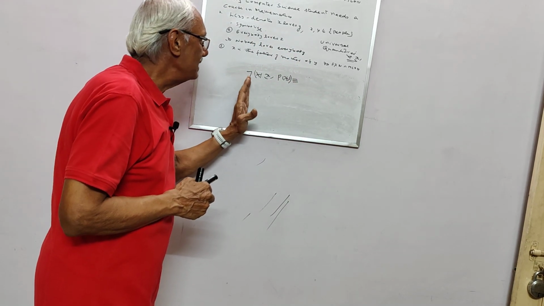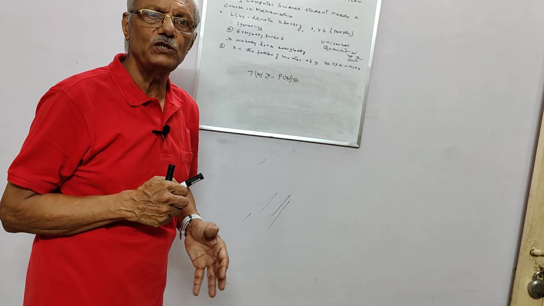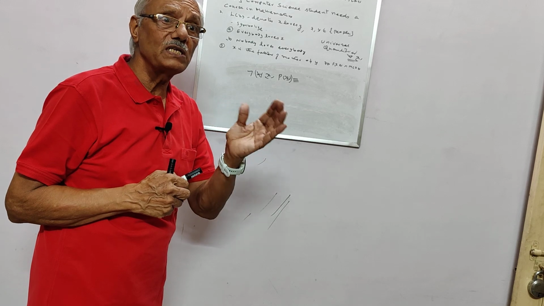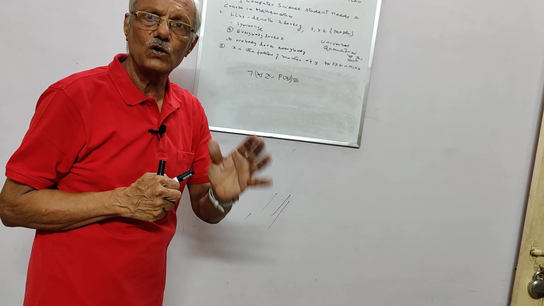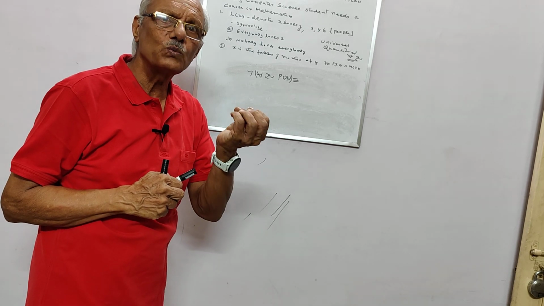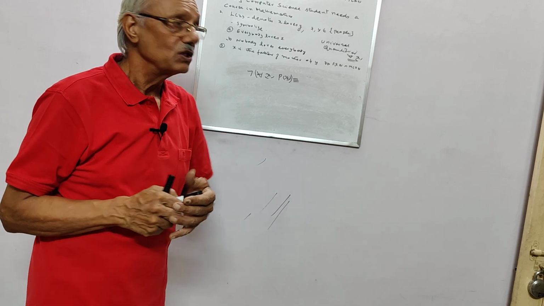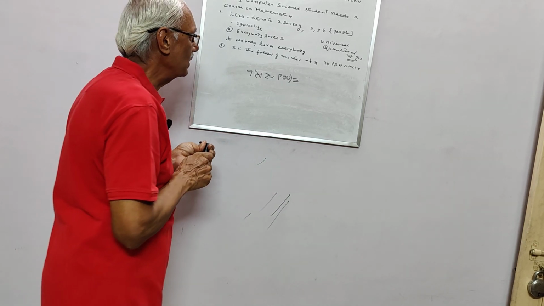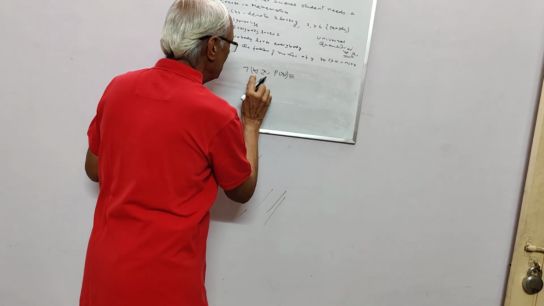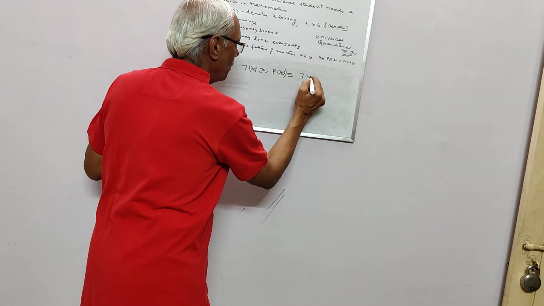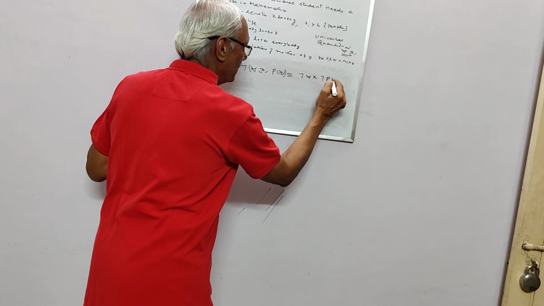Now if I say negation, what does it mean? A few minutes back I explained that if you want to say that something is false, at least one example can be given to show that it is wrong. So for all x, you must take the negation of for all x p of x.